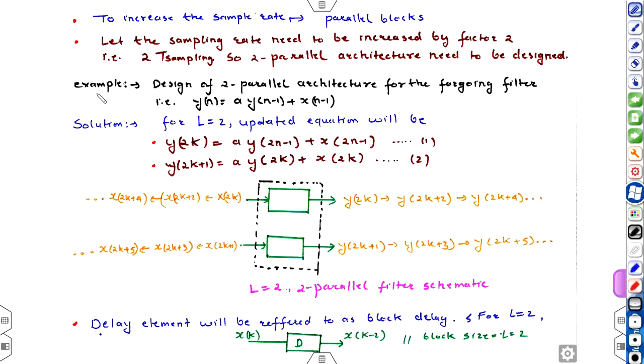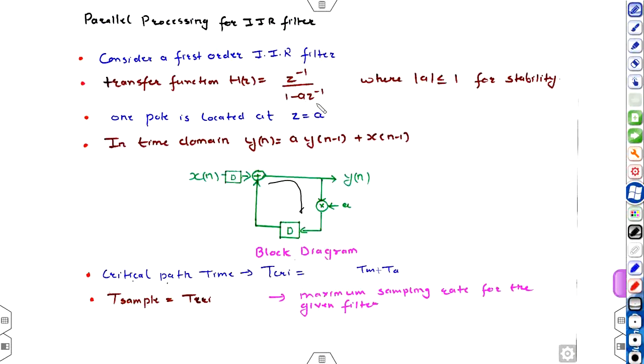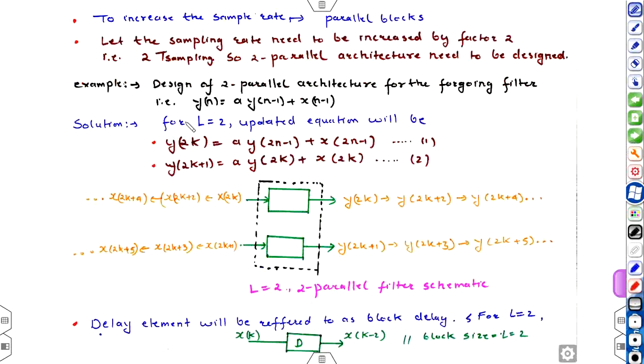So I am going to take this filter as an example and design the two parallel architecture. The filter under consideration is given by the equation y(n) equal to a of y(n minus 1) plus x(n minus 1), and for L equal to 2 we can update the equation in this form.